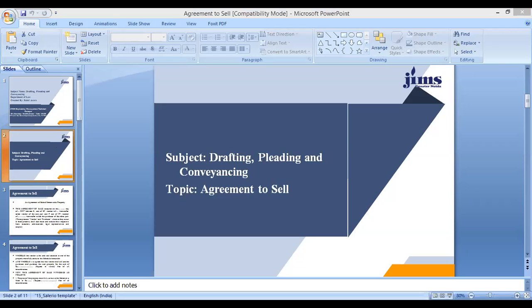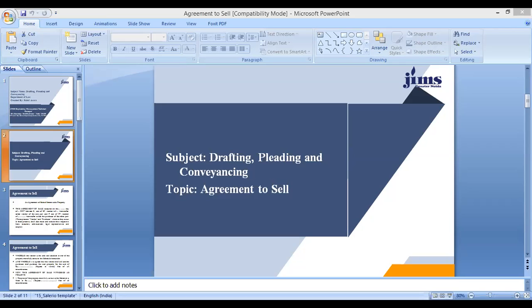My dear students, as you all are aware, primarily the property is divided into two parts. One is movable property and another is immovable property.